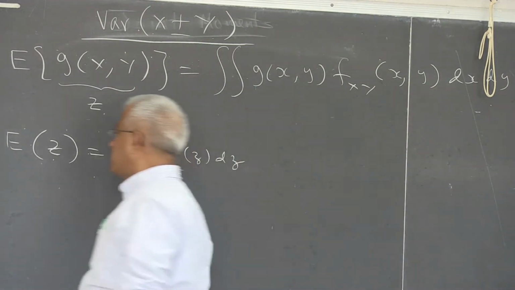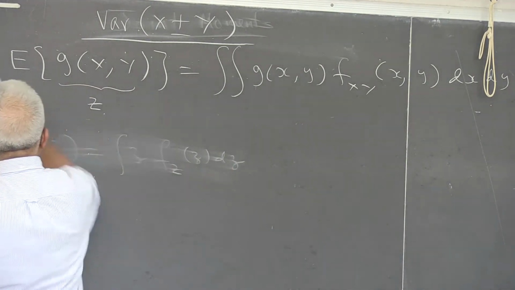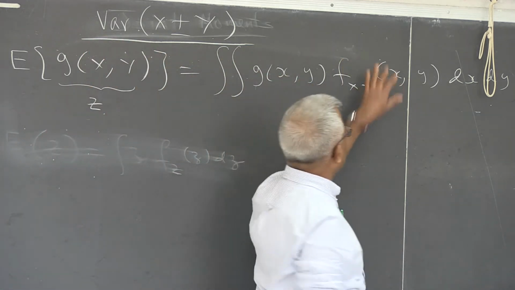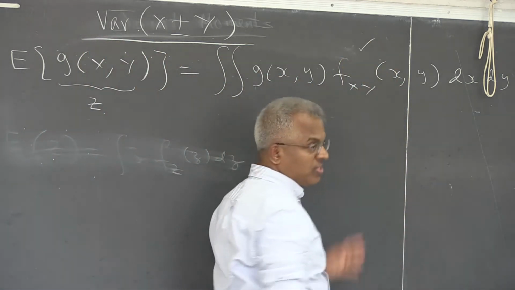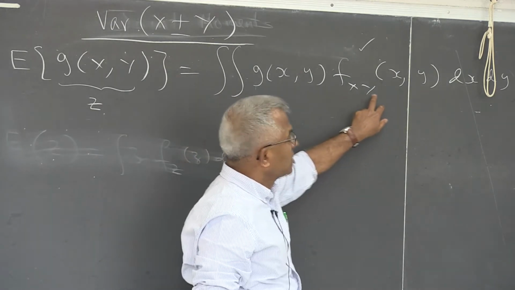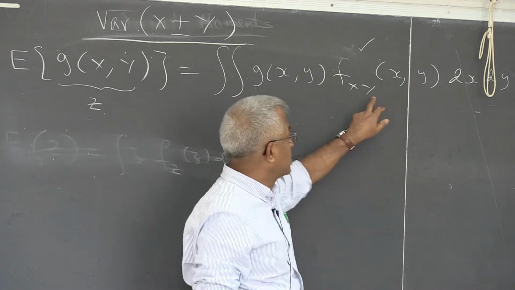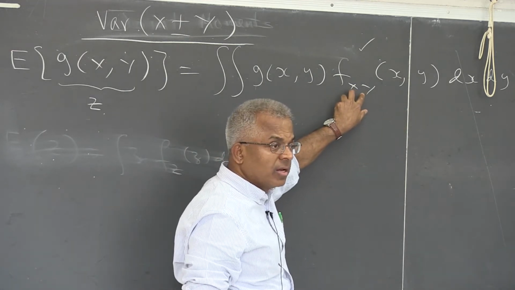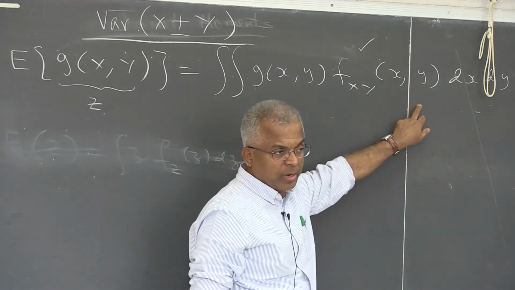And if that's all you are interested in, the advantage is you can work with what is known, which is generally the joint density function of x and y. As we discussed earlier, if these two random variables are independent, then this becomes a product.